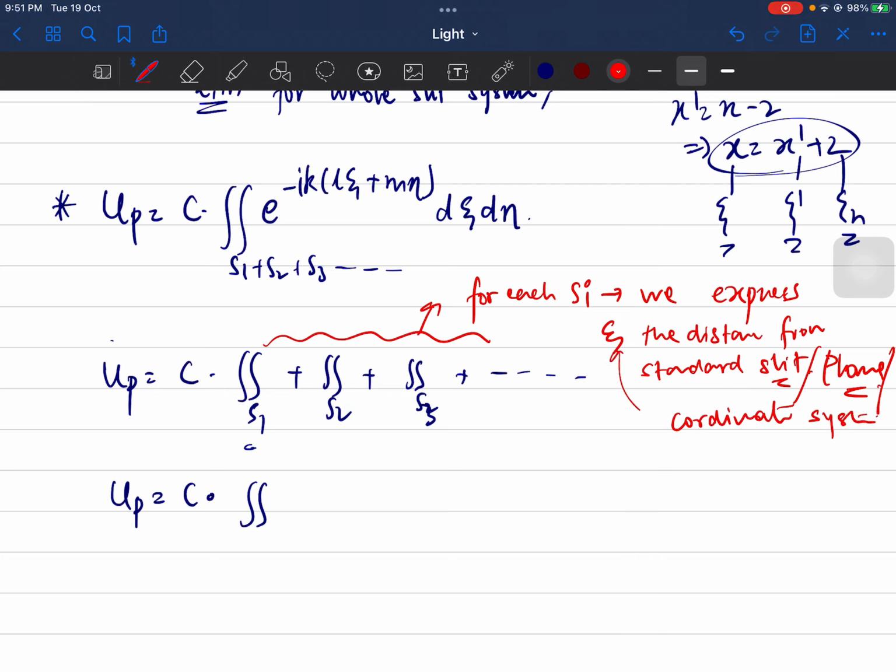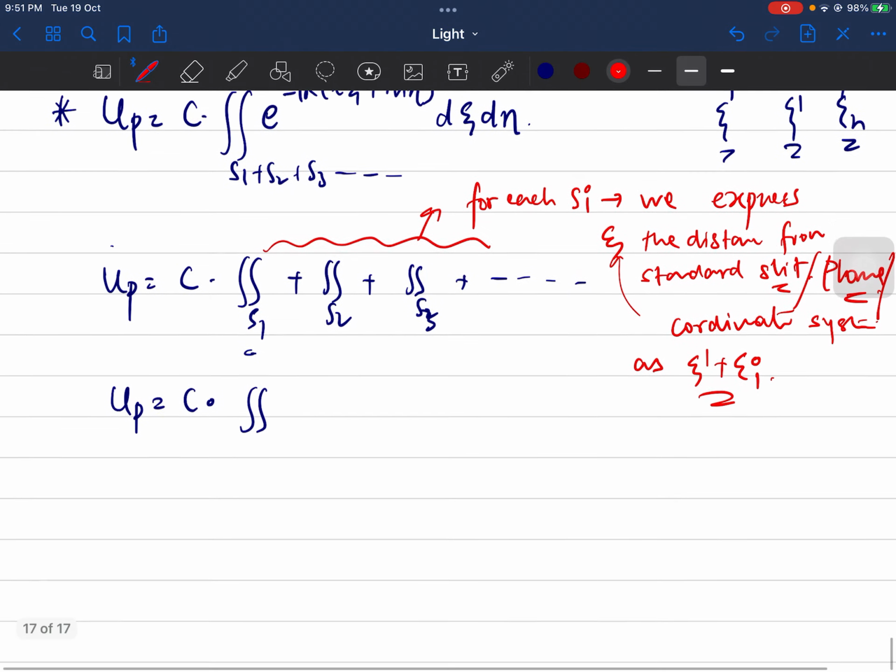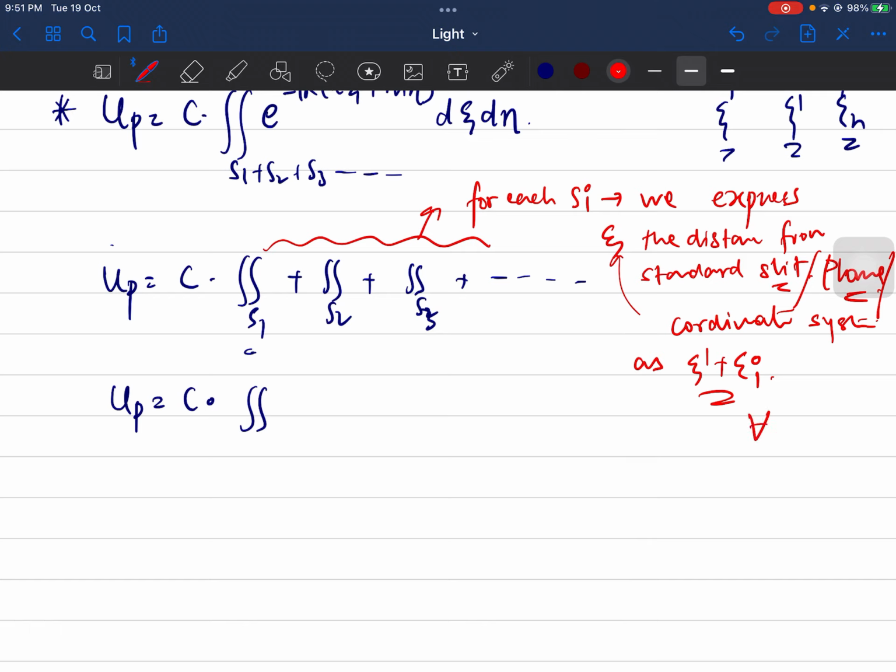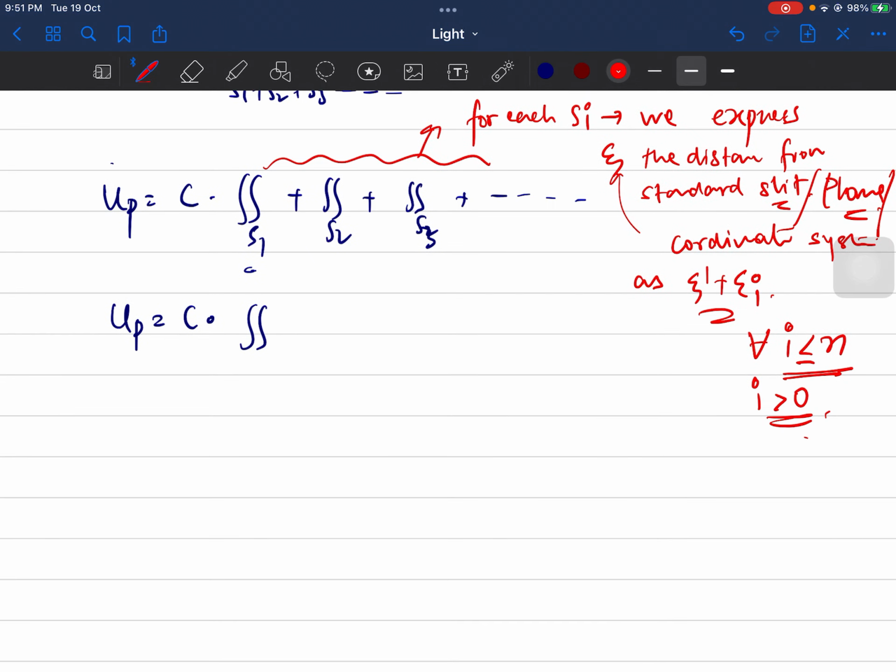We express xi as xi prime plus xi n, as xi i, something like that, for all i less than or equal to n, greater than 0. Okay, i belongs to Z.